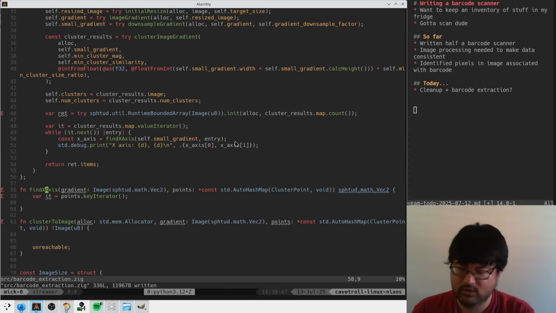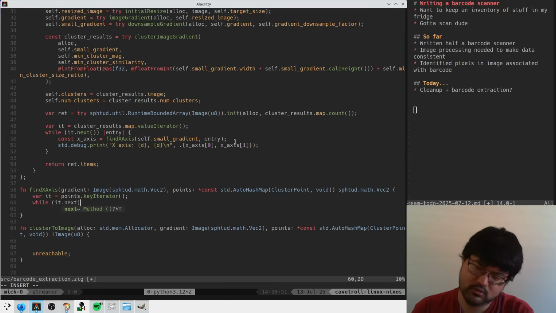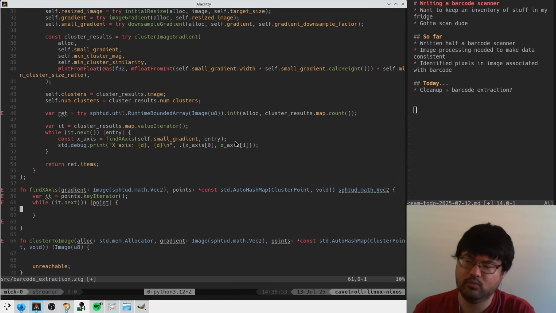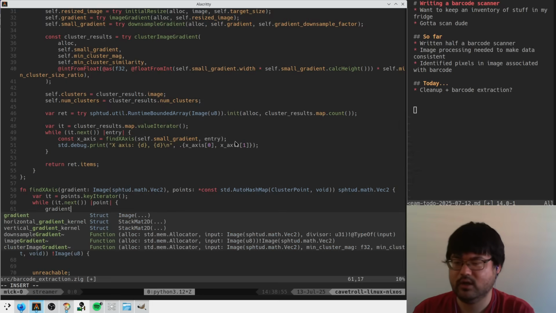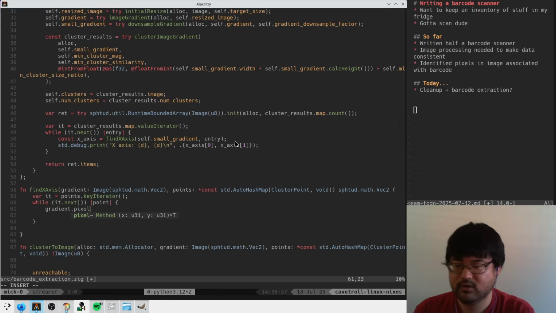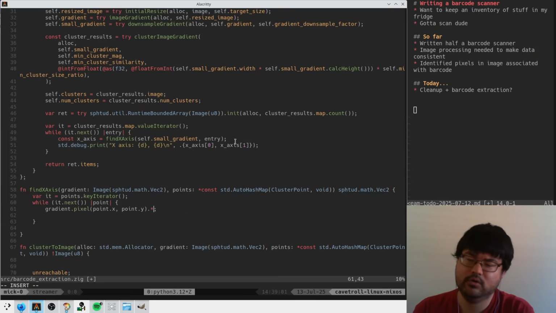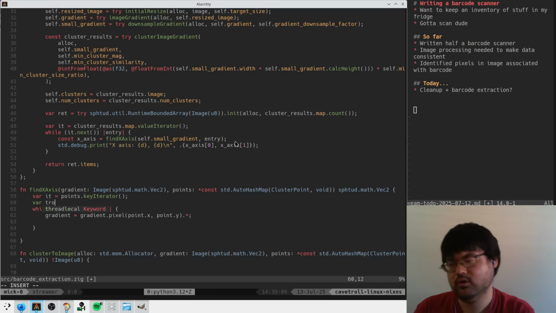So for each point in here, we look at the gradient at point x, point y. And I think we can just average this. I don't know, we'll see.